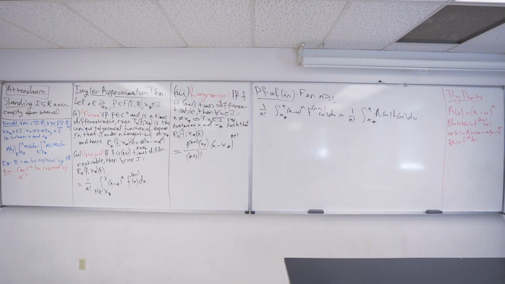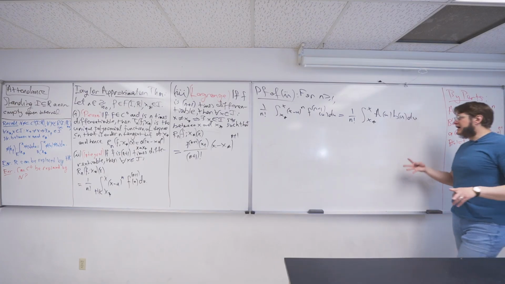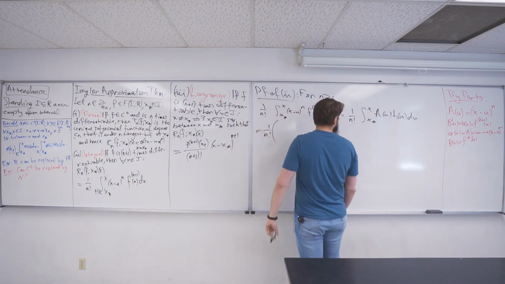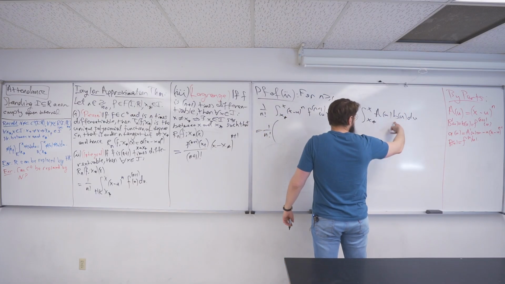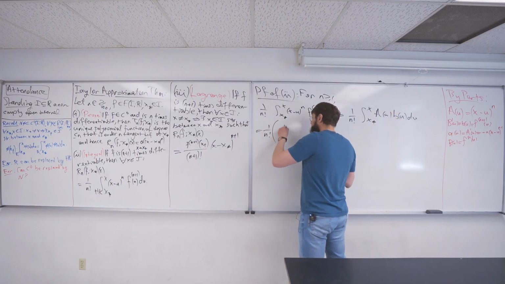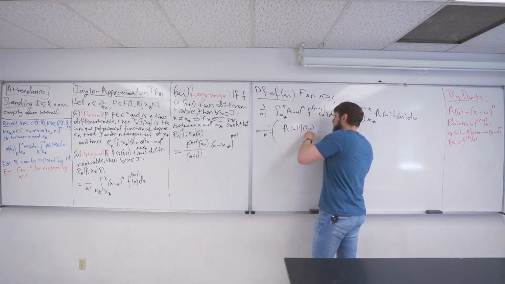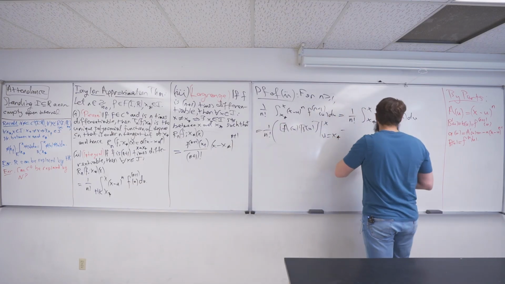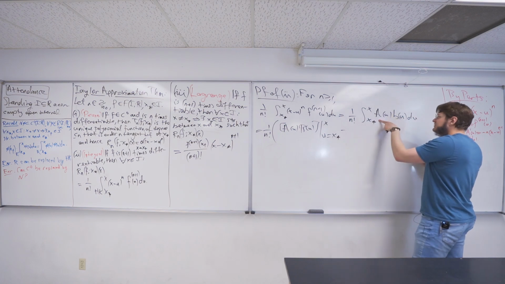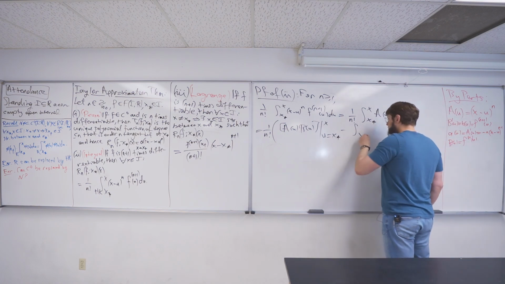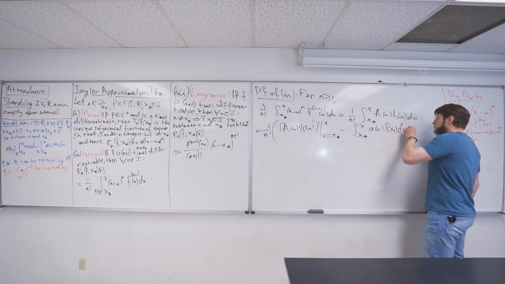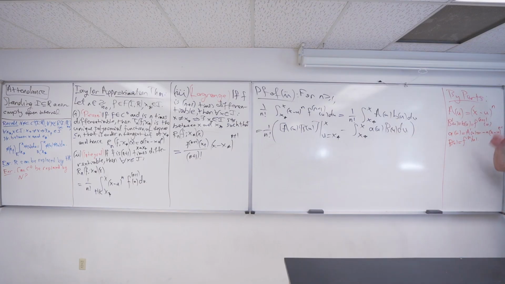Insofar as this makes sense, and I can apply by parts, this should turn into this. Capital A times capital B evaluated at the endpoints, minus integral of lowercase a, uppercase b. That's by parts. We're for now assuming that everything works.